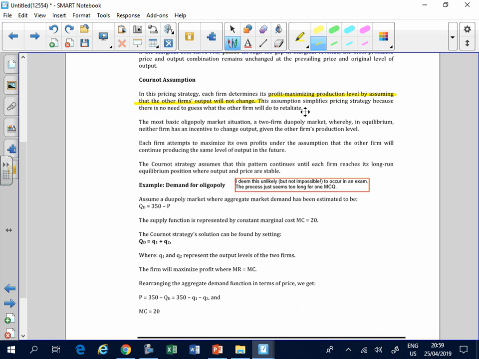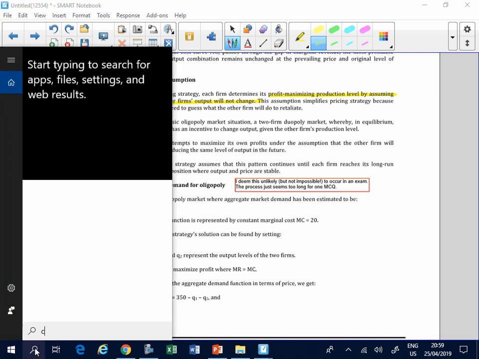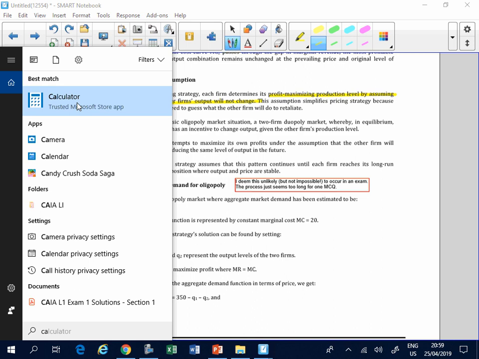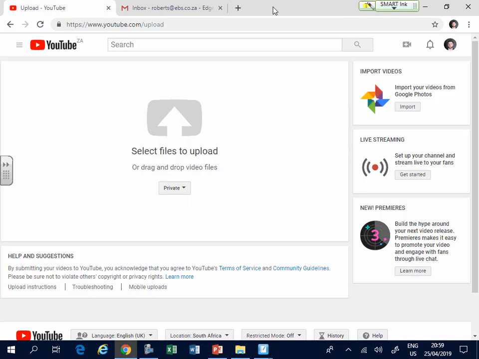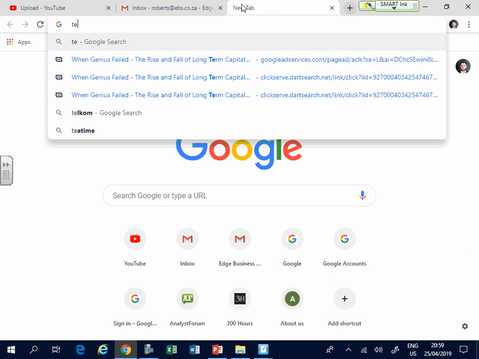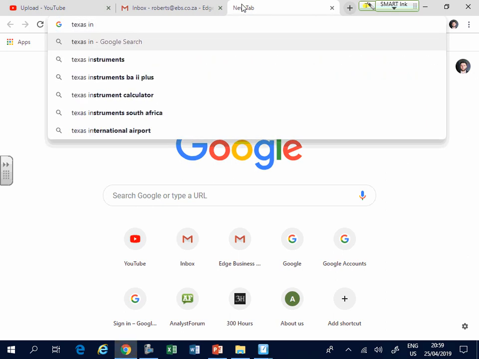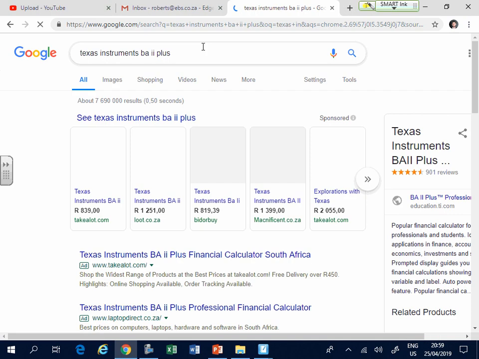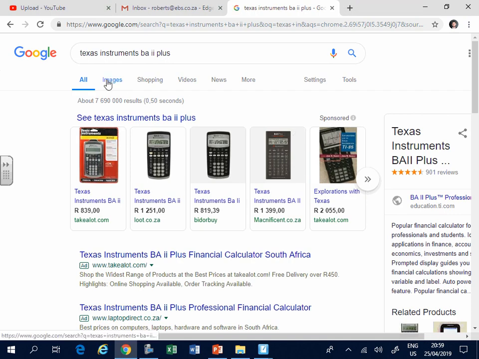Now, on your calculator, let's see if I've got it. Oh geez, that's still going in the background. Maths videos, Russell's going to ask, what is it? Texas Instruments, is it BA2 Plus? Okay, so let's just go straight.